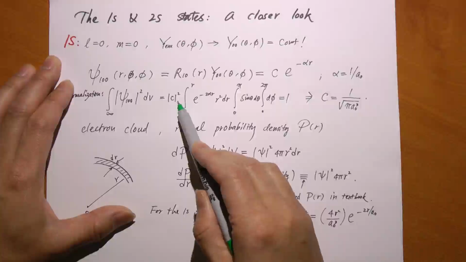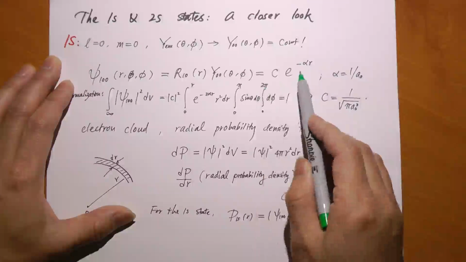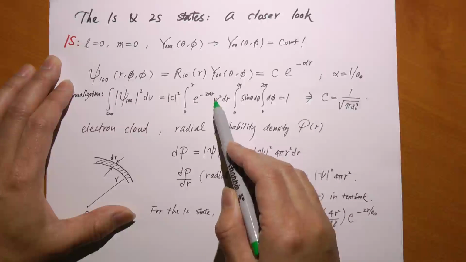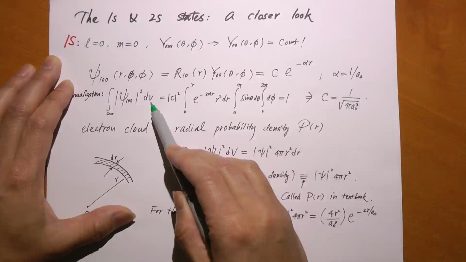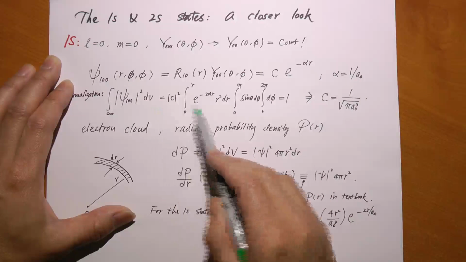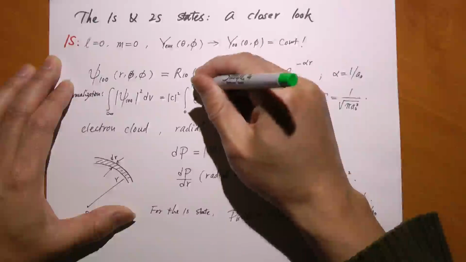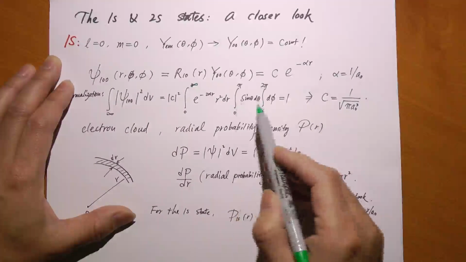You take that c squared out after you take the modulus squared. Here is the radial part. You have to take it squared, so it's e to the negative 2 alpha r, and then r squared dr. The volume element is r squared sine theta d theta d phi dr, right? So it's r squared here. And this r goes from 0 to infinity. That's the r equation.